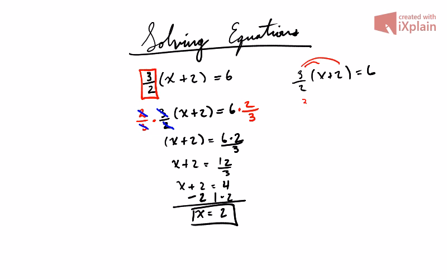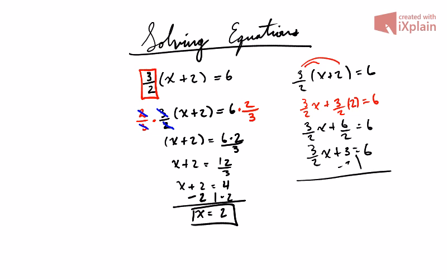So you would get 3 halves x plus 3 halves times 2, in parentheses, equals 6. That's what you would have gotten. And so you'd be left with 3 halves x plus 6 divided by 2 equals 6. Simplify the 6 divided by 2: 3 halves x plus 3 equals 6.